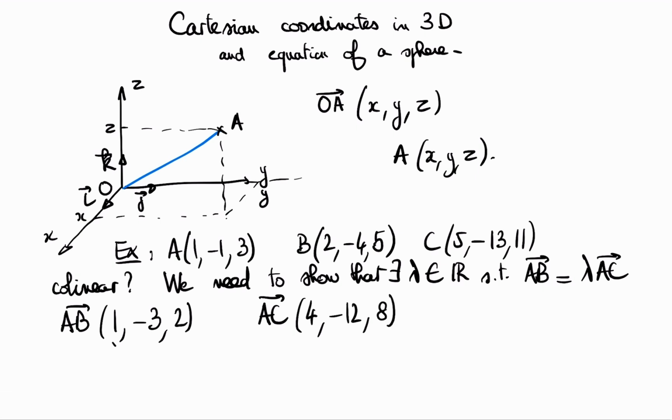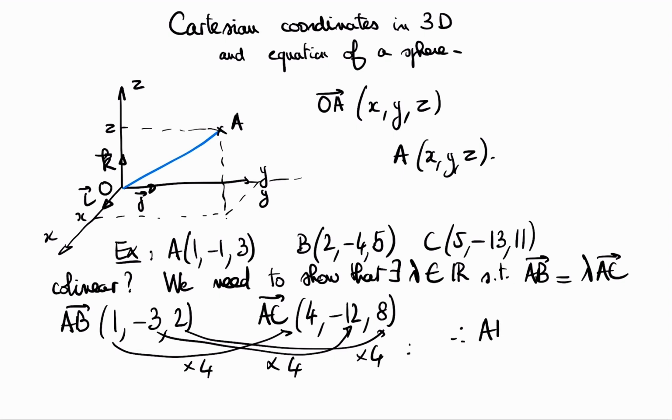So what we can see here is there is a factor of 4 everywhere. So indeed, sorry, actually I should say AC is equal to 4 times the vector AB, or basically AB is equal to 1/4 of AC. So indeed, A, B and C are collinear.